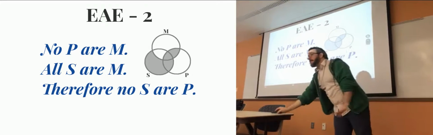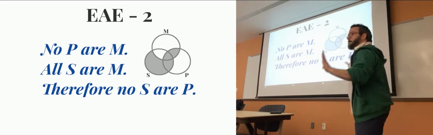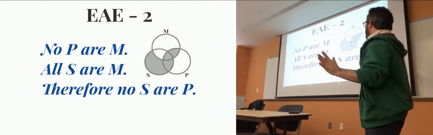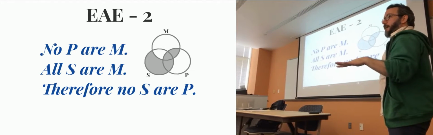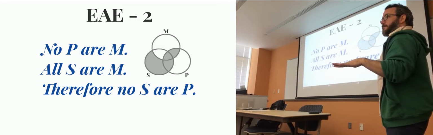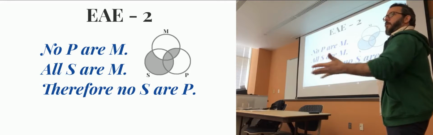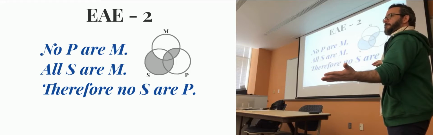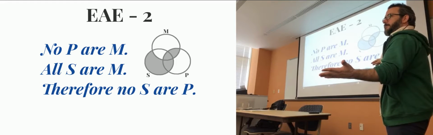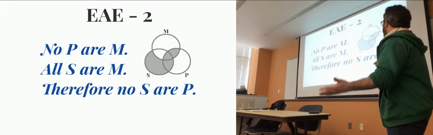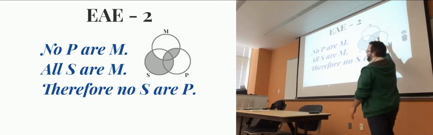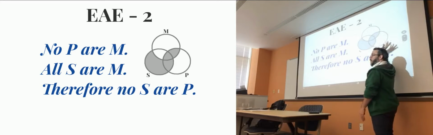And then I put my pencil down and I back up and I look and I see, is no S are P already diagrammed? What would no S are P look like? In the intersection of S and P, nothing lives there, right? That would have to all be shaded.